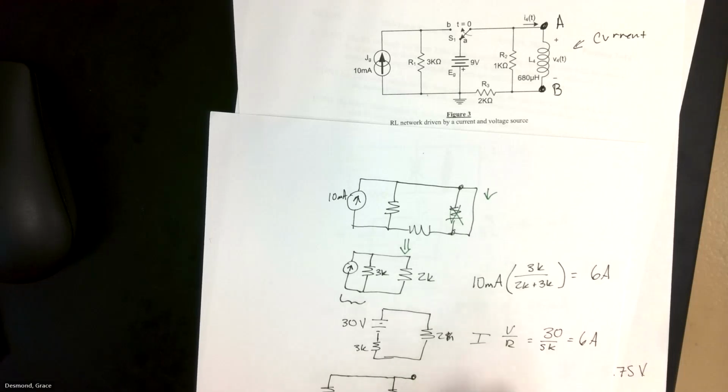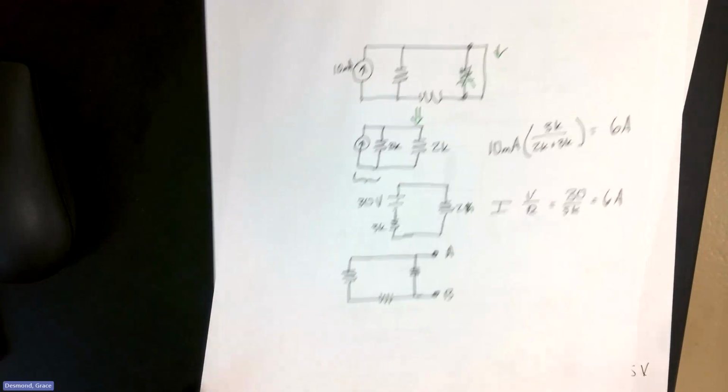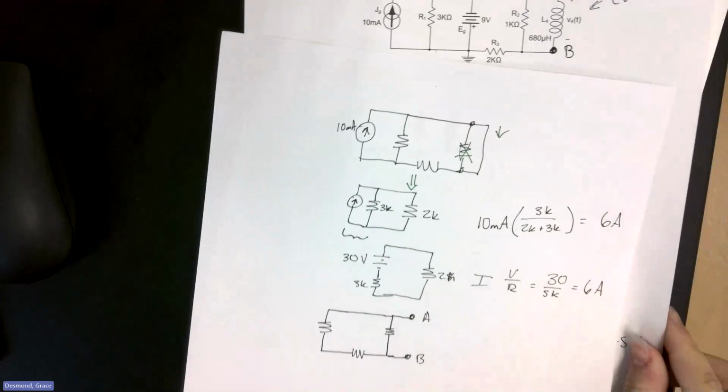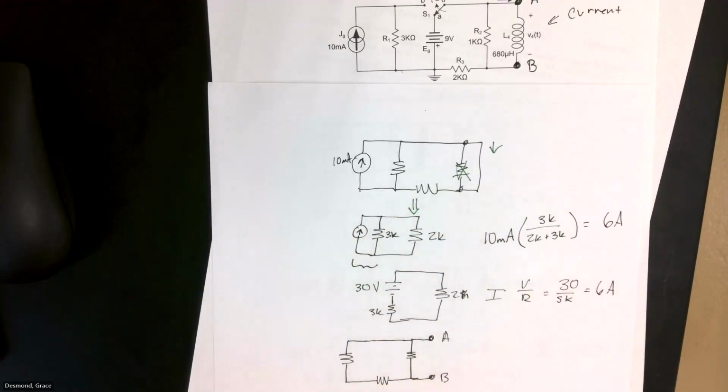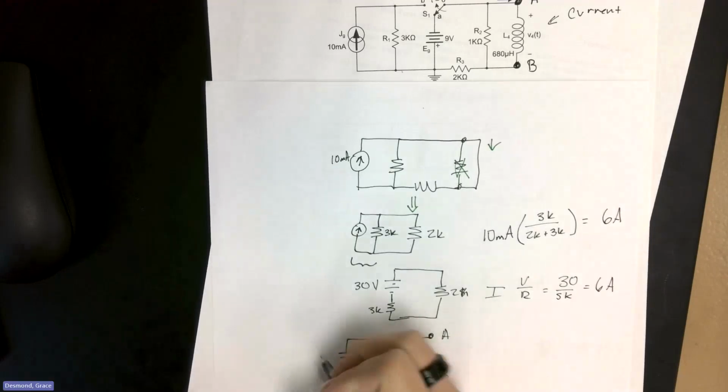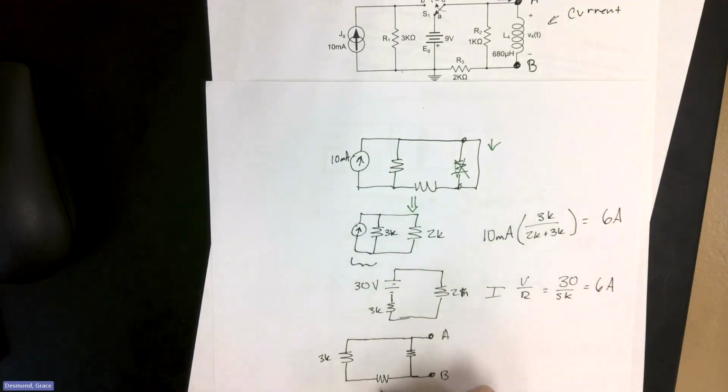Terminals A and B. You can't see that. Do we all agree with how I drew this? We got 3K. What is the first step? How do we simplify this?